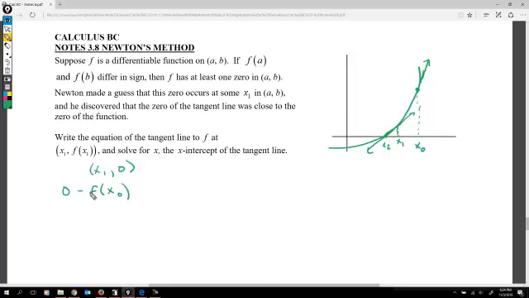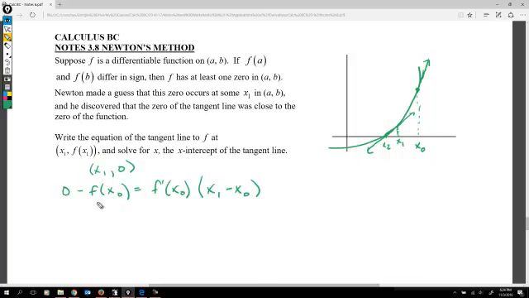I'm writing my tangent line using x sub 0 as my point. Here's my y value minus my second y value, so y2 minus y1 equals my slope, which is at x sub 0, that was my initial guess, times x1 minus x sub 0.